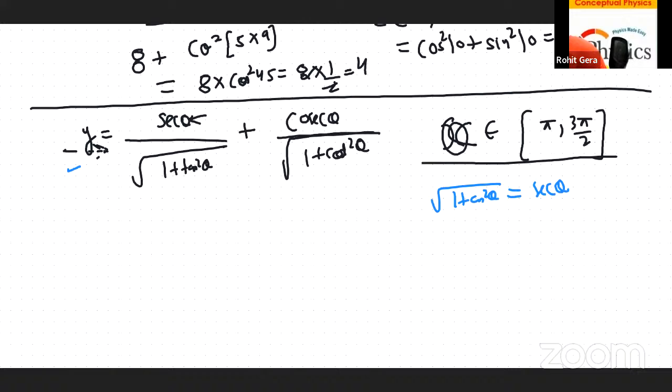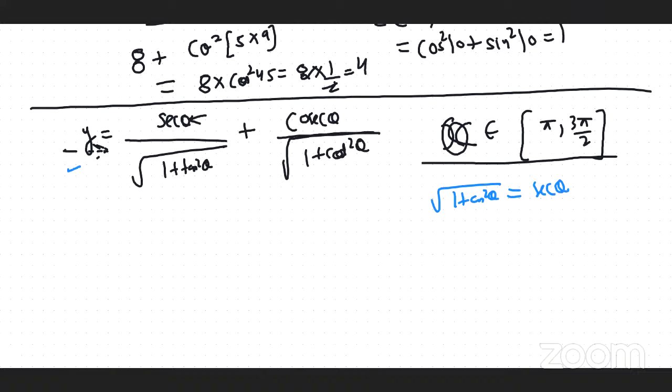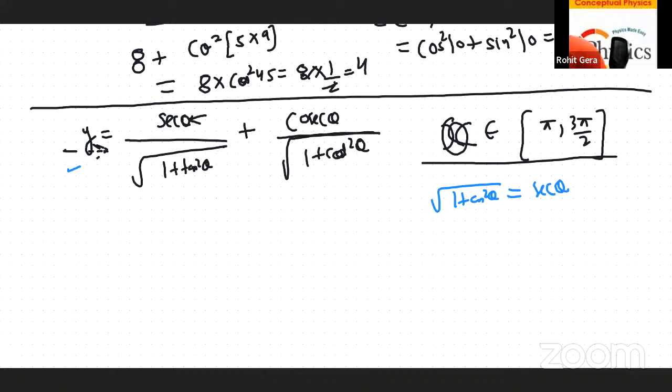I think there is an error in the question. I think you have to find either the maximum value or the minimum value or something. There is something wrong with the question.